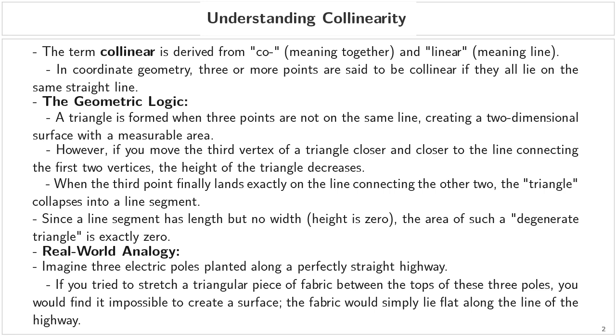Because the poles are in a straight line, the fabric would simply lie flat, stretched tight along the line of the highway. Now that we've recalled how to use determinants to find the area of a triangle, let's dive into the core concept of this lesson, understanding collinearity. This brings us to a very important realization, which we will formalize in the next slide. If the area is 0, the points must be collinear.